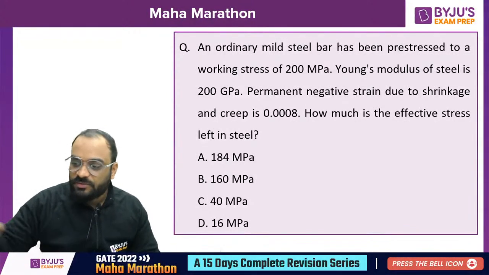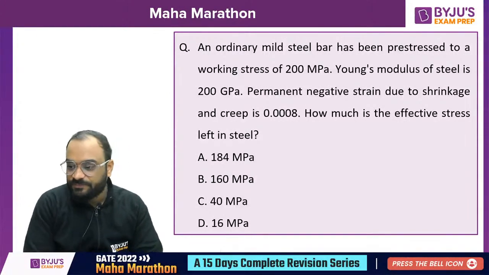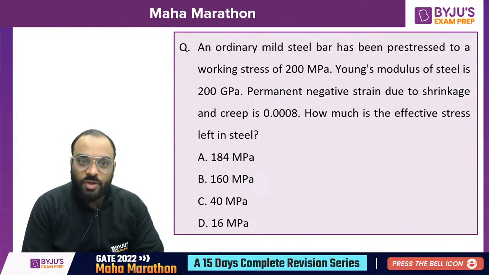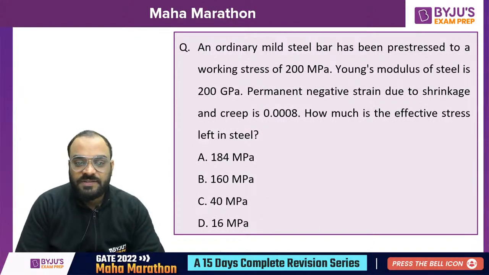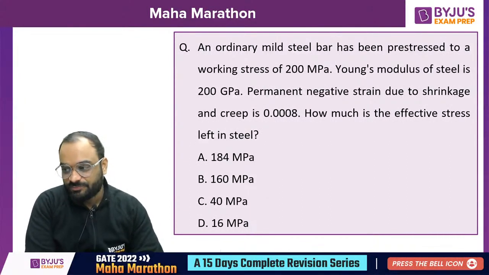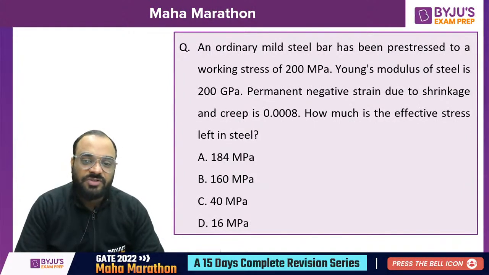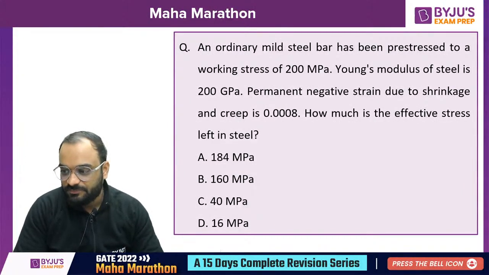Next is a question based on pre-stress. An ordinary mild steel bar has been pre-stressed to a working stress value of 200 megapascal. Young's modulus of steel is 200 gigapascal. The permanent negative strain due to shrinkage and creep is 0.0008. How much is the effective stress left in the steel?